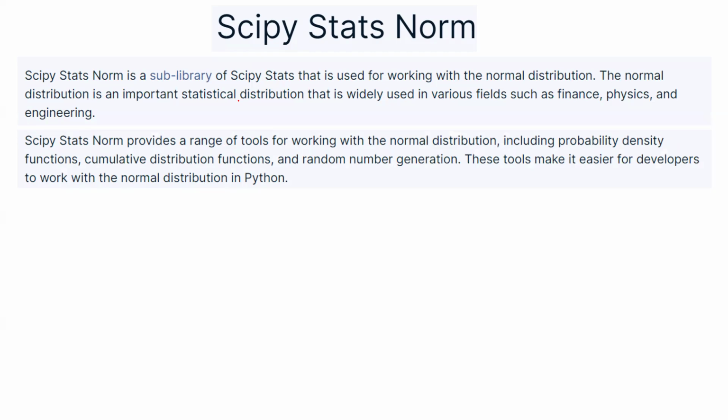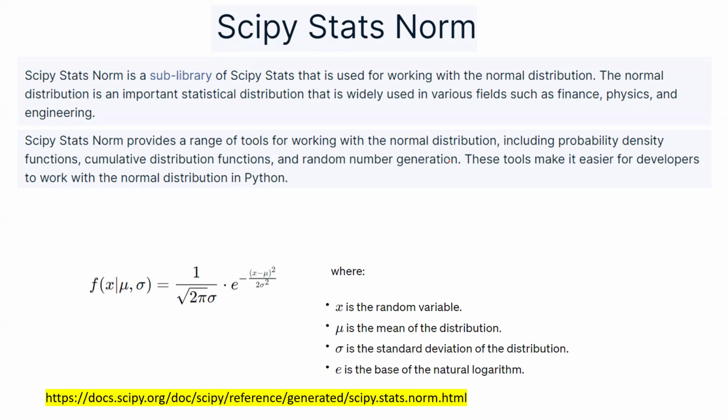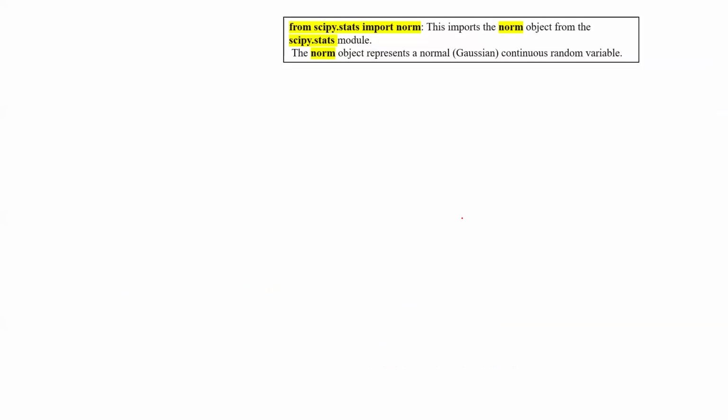Scipy.stats norm provides a range of tools for working with normal distribution, including probability density function, cumulative distribution functions, and random number generator. The function that we described for a normal distribution is built into this library. The norm object in scipy.stats encapsulates the formula that we introduced for a normal distribution. It provides methods for computing probabilities, percentiles, and other statistics-related topics.